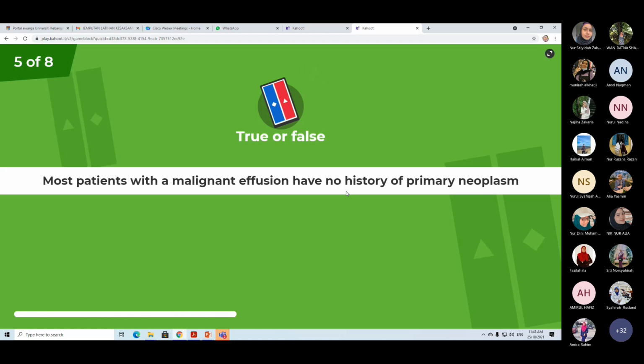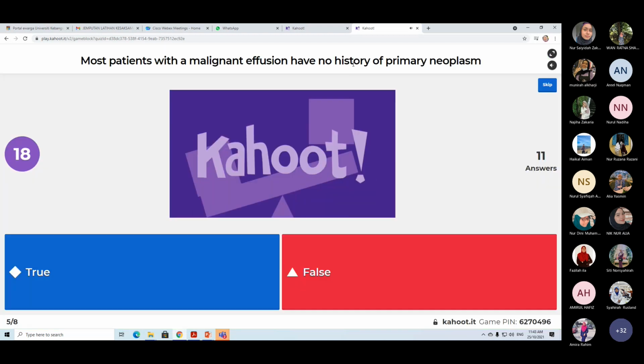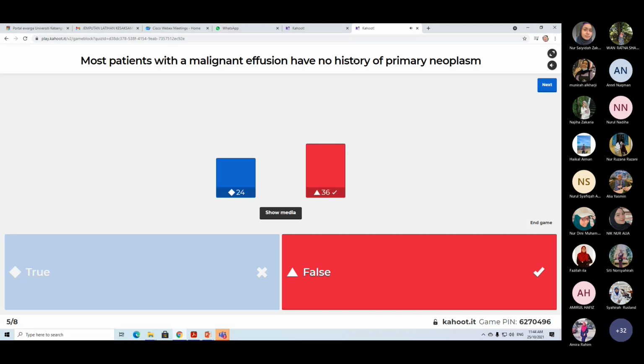Most patients with a malignant effusion have no history of primary neoplasm. Is it true or wrong? Okay, the answer is false.